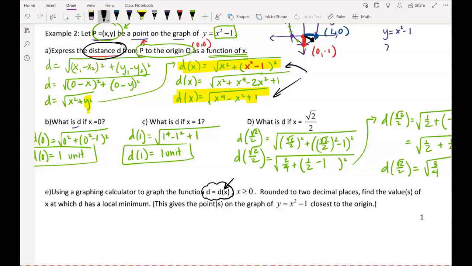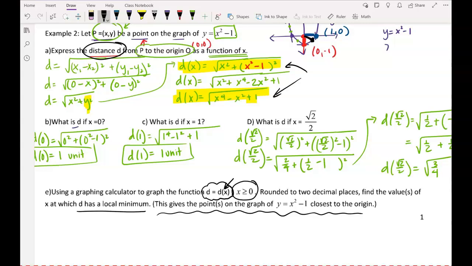This one has a restriction, students, only when x is bigger than or equal to 0. Round it to 2 decimal places, find the values of x at which d has a local minimum. This gives the point on the graph of the parabola y equals x squared minus 1 closest to the origin.